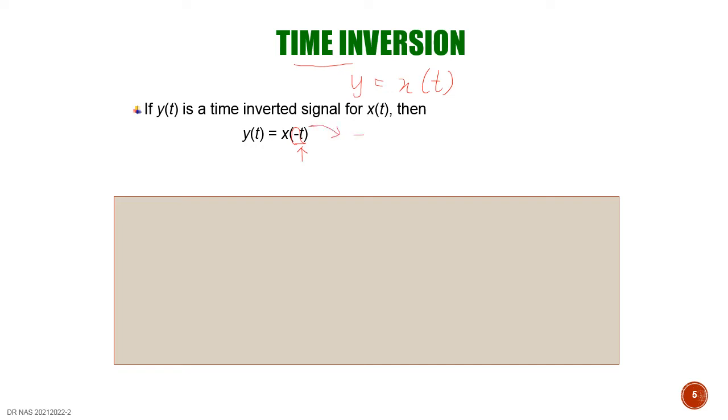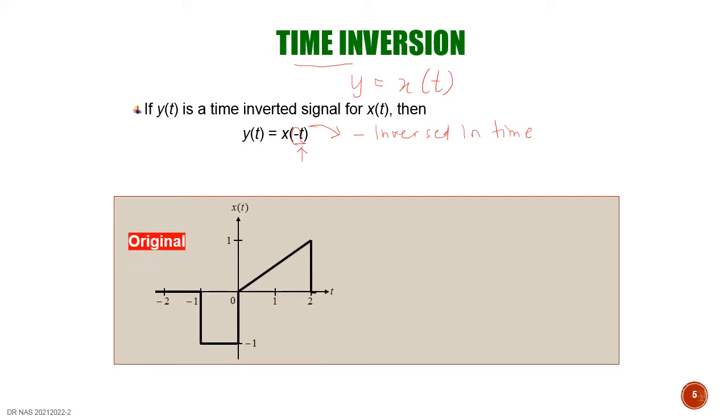Negative means the signal is being inverted in time. This is the original signal. So what happens when you have a new signal y(t) equal to x(minus t)? It means the signal is inverted in time, but the amplitude remains the same.